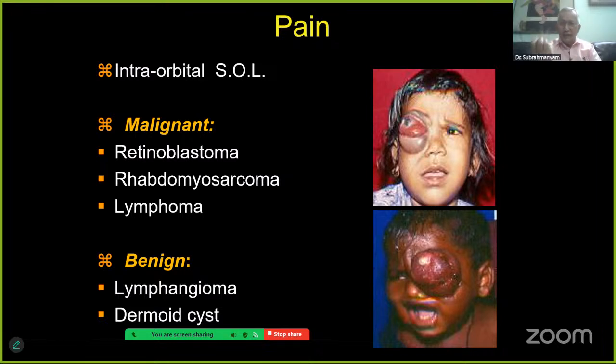In lymphangioma, there can be a sudden bleed into the lesion so that it expands suddenly, leading to an acute proptosis with severe pain. Similarly, if a dermoid cyst ruptures, the contents can cause irritation and inflammation, and can cause pain. As long as the cyst wall doesn't rupture, it is painless. But once the dermoid cyst wall ruptures, for whatever reason, it can lead to inflammation and pain.